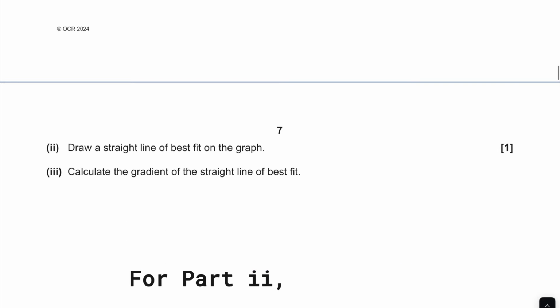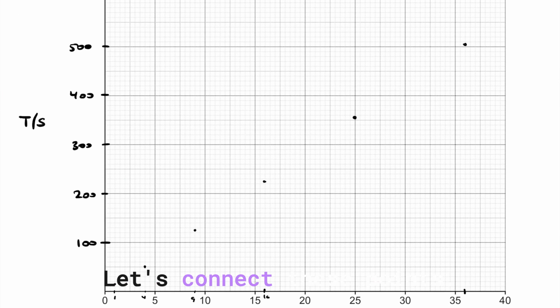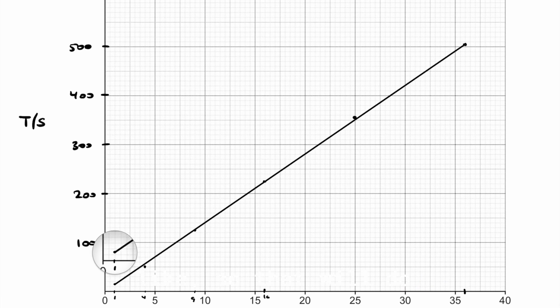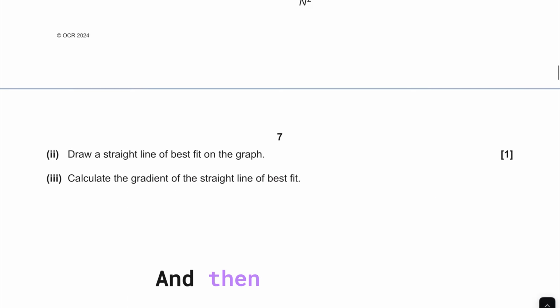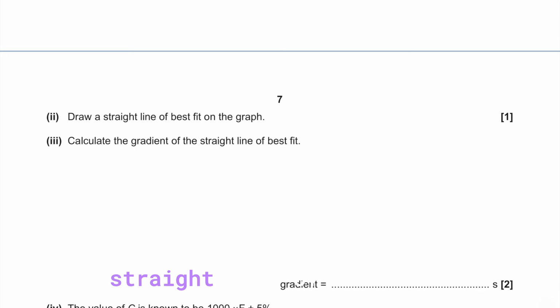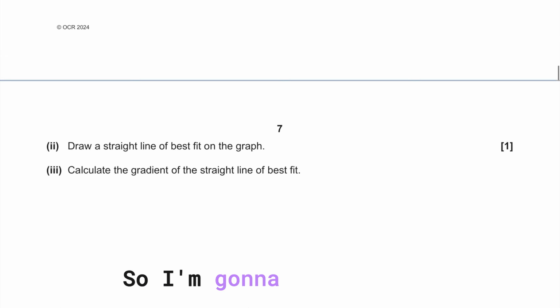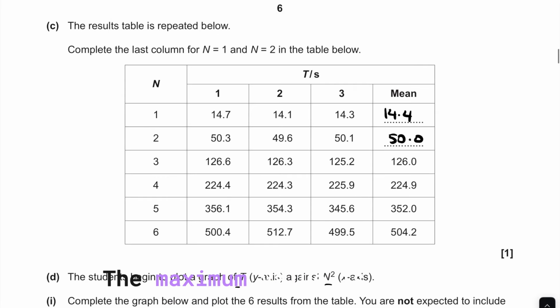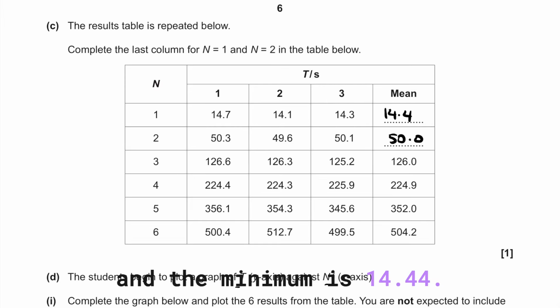For part II, we have to draw a straight line of best fit on the graph. Let's connect these points as closely as possible, like so. That will do. And then we have to calculate the gradient of the straight line of best fit. So I'm going to be a little cheeky and use the values from the table. The maximum value is 504.2 and the minimum is 14.4, for n equals, obviously, 6 squared and 1 squared.